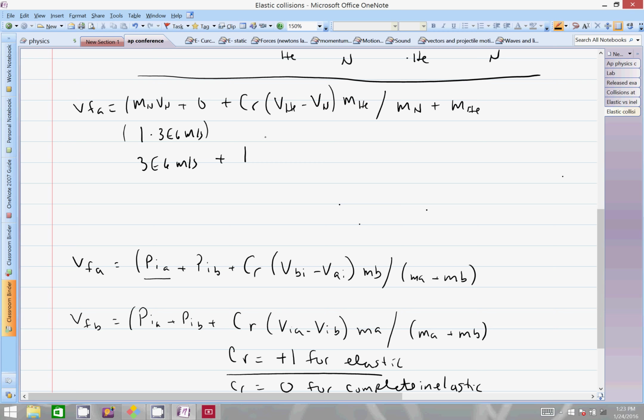And then the velocity initial for the helium, for the B particle, the B particle is the helium, so that would be 0 minus the velocity of the neutron, which is 3e to the 6th. Okay, that's that thing. And then we're going to multiply this times the mass of the helium particle, which is going to be 4.